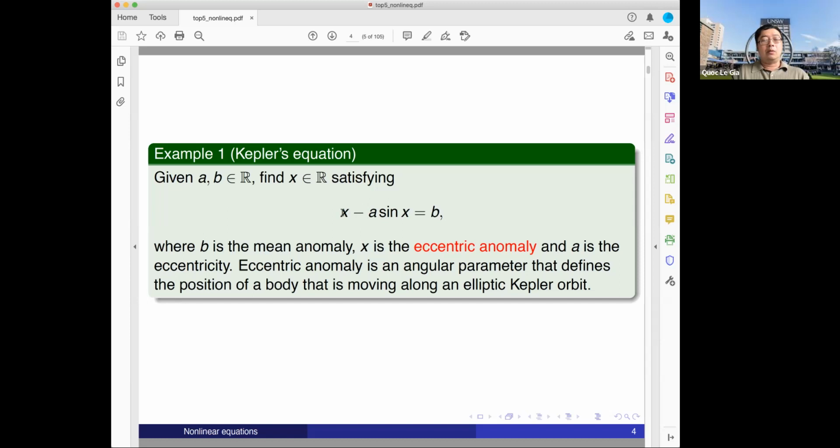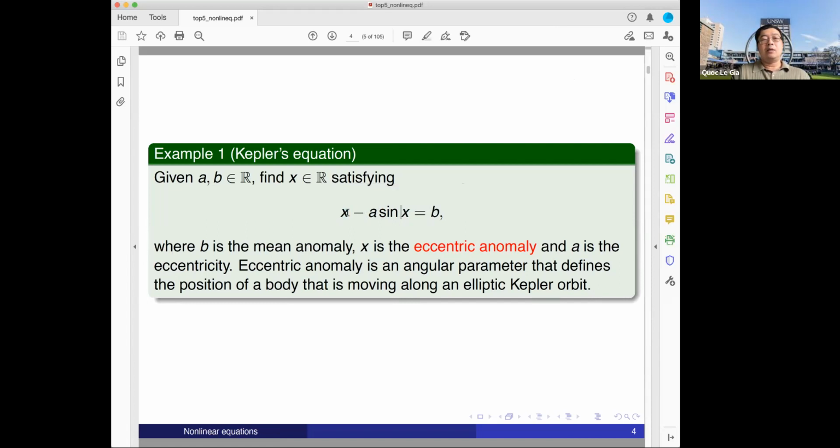Now, I'm not very good at physics, but essentially the equation is like this: x minus a sine x equals b. You see x here is the unknown, and there's sine x.